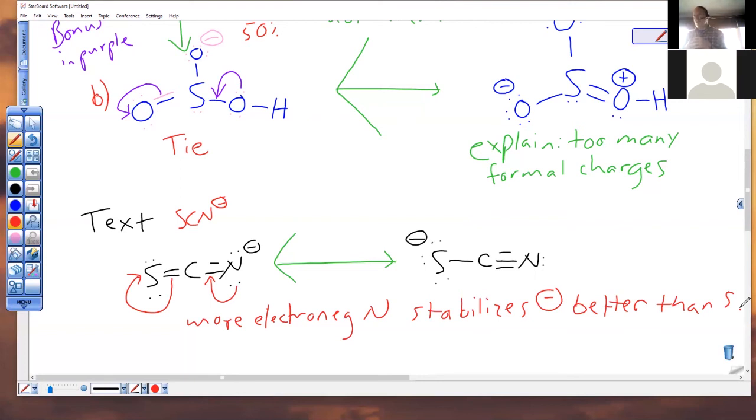Positive. Do you want to have positive close to positive? No. So yes, your argument holds true for reversing the sentence. A less electronegative atom would stabilize a plus better than a more electronegative atom. Okay. So good question.